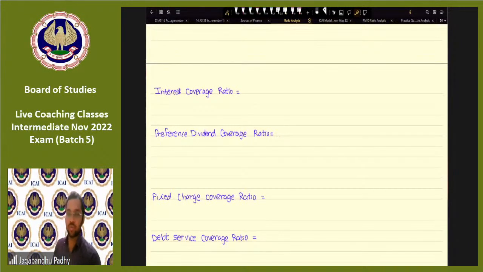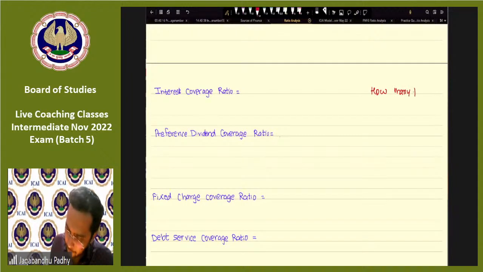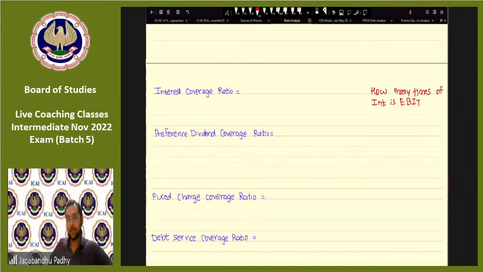And those ratios are, first up, the interest coverage ratio. So the interest coverage ratio talks of how many times of interest is EBIT. How many times of interest is EBIT?